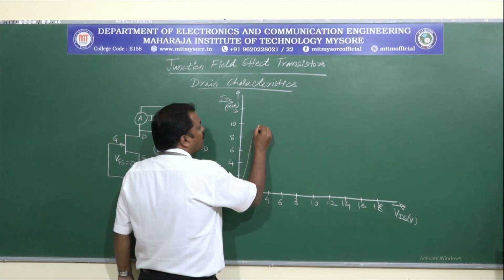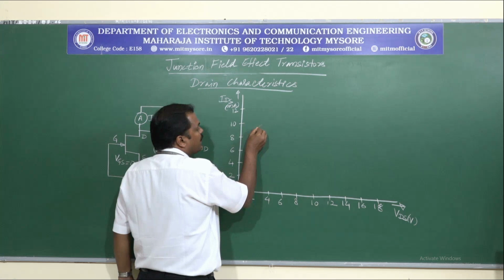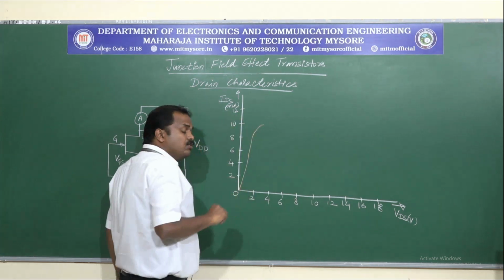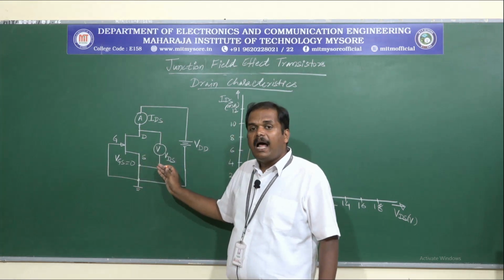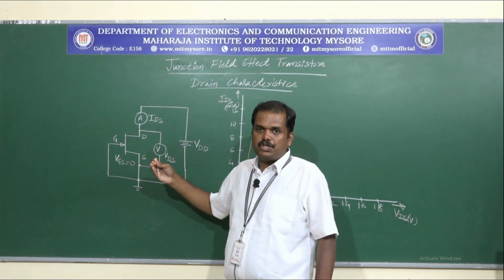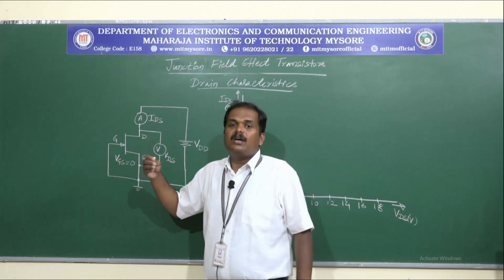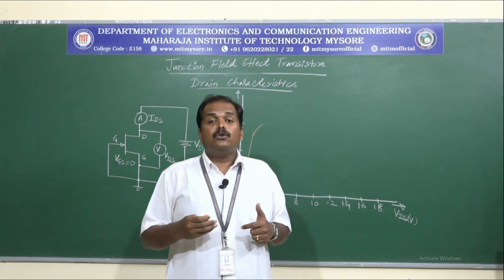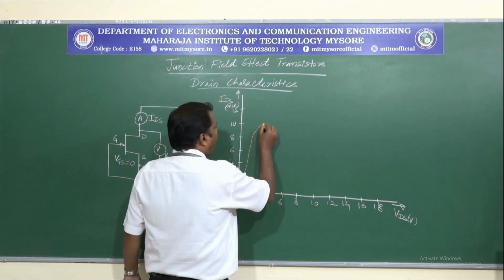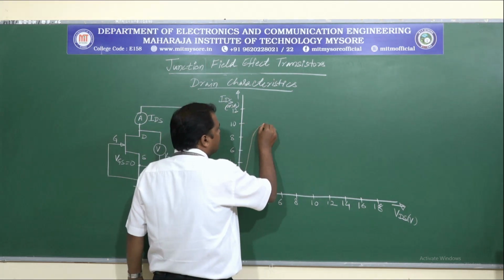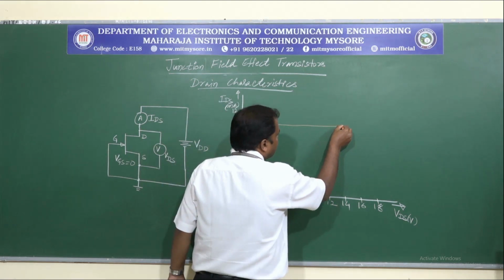A further increase in VDS will have more penetration of the depletion region in the channel, and this causes almost no control of VDS on IDS. So IDS almost looks like this, flat, with almost no change.